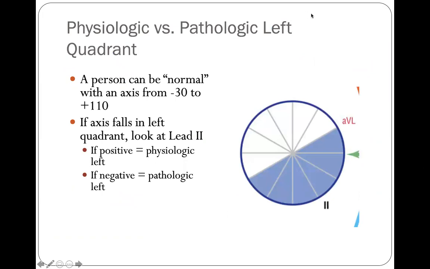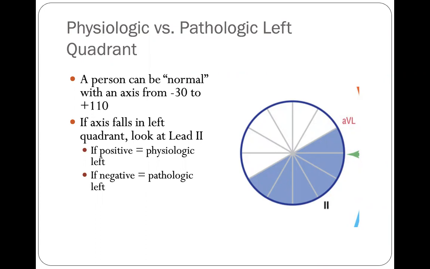Okay, and then it's not quite all. We do have to look at one aspect of this that is normal, but outside of what we refer to as normal. So we've split up the 4 quadrants with normal, left, right, and extreme right. However, a person can actually be normal with an axis from -30 to as much as +110.